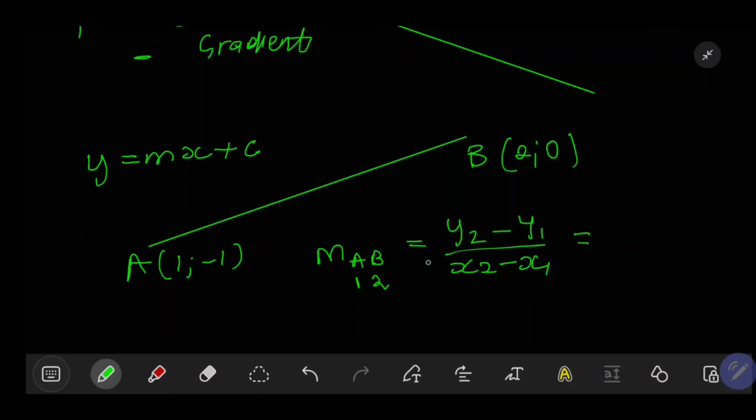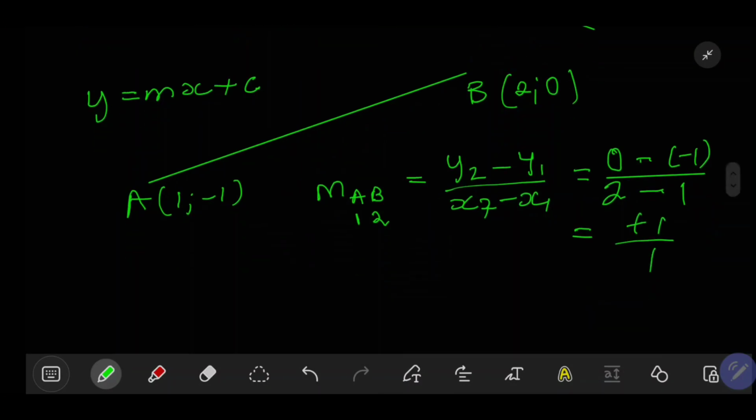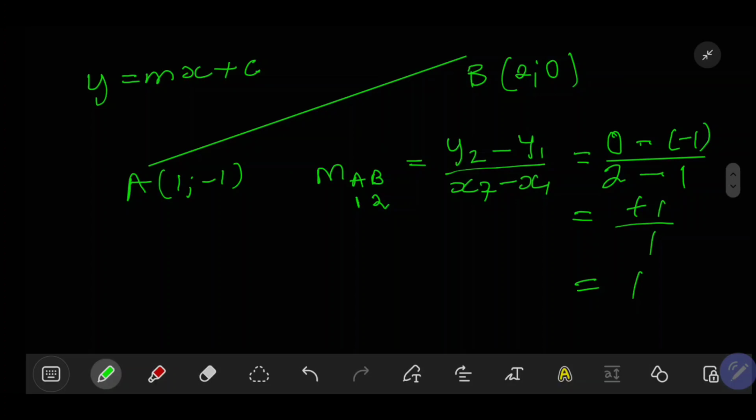So y2, from B, is 0, minus y1, which is negative 1, all divided by x2, which is 2, minus 1. Then we get positive 1 divided by 1, so the gradient is 1.